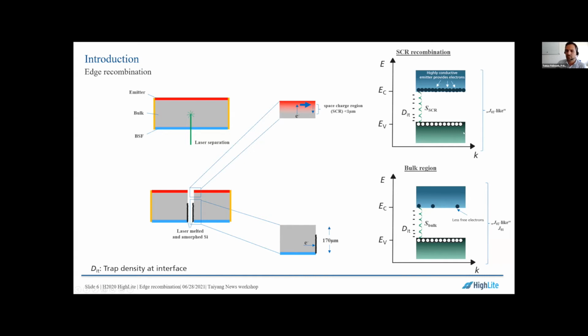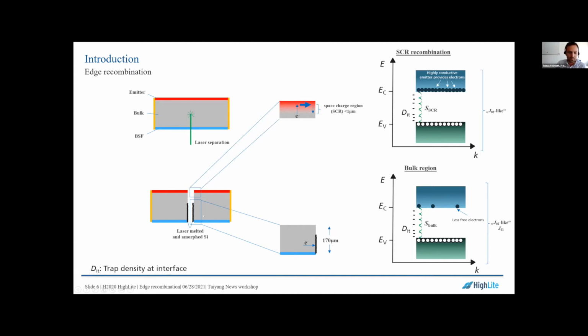This recombination mechanism over the space charge region is known in the literature as Shockley-Read-Hall or J02-like recombination. At least it is a recombination where you have ideality factors greater than 1. By approximating this, you can calculate a J02-like behavior.